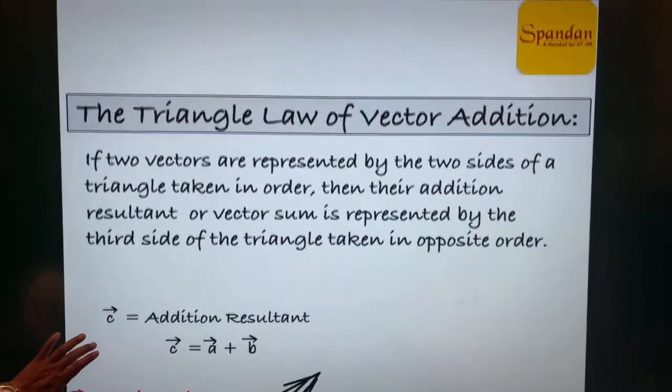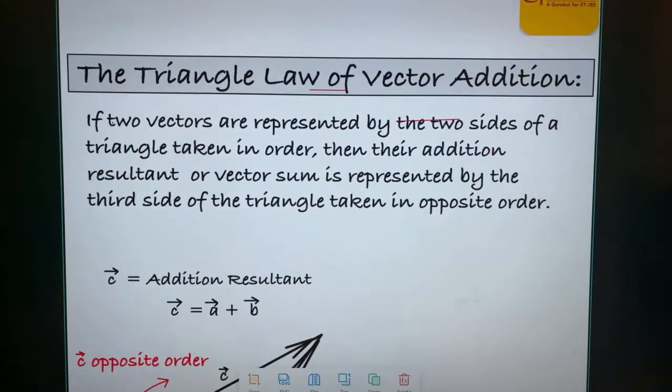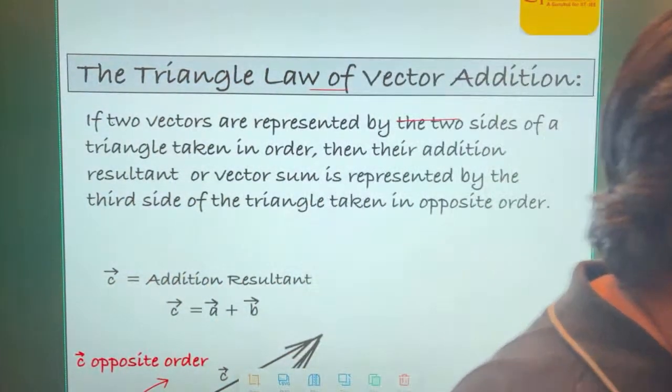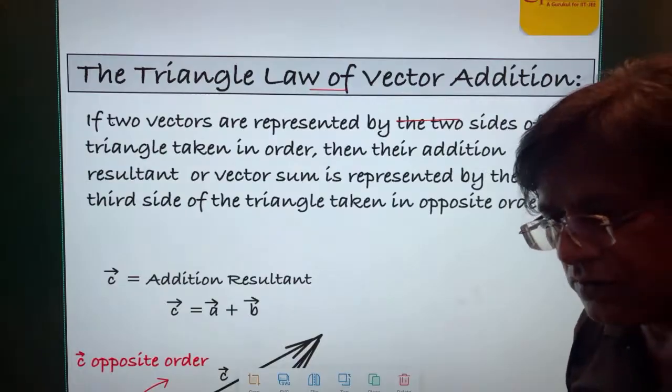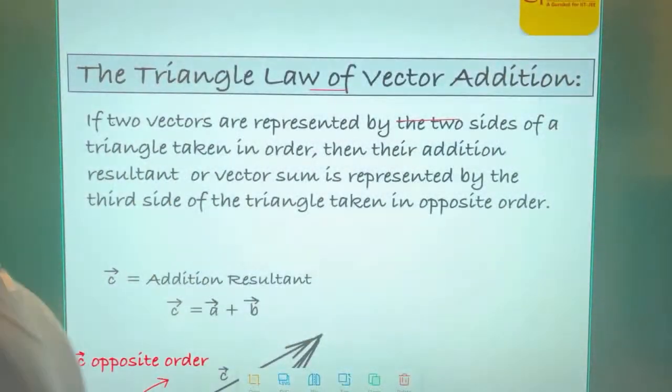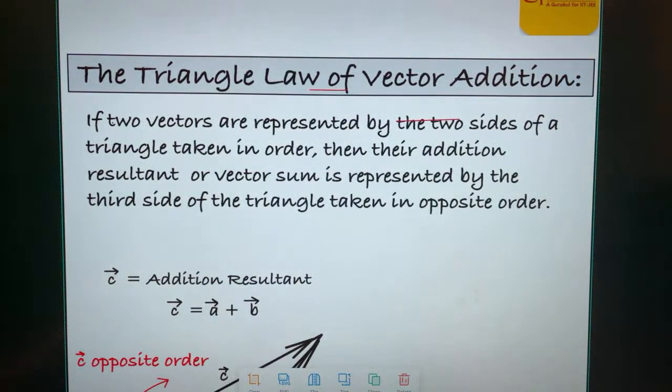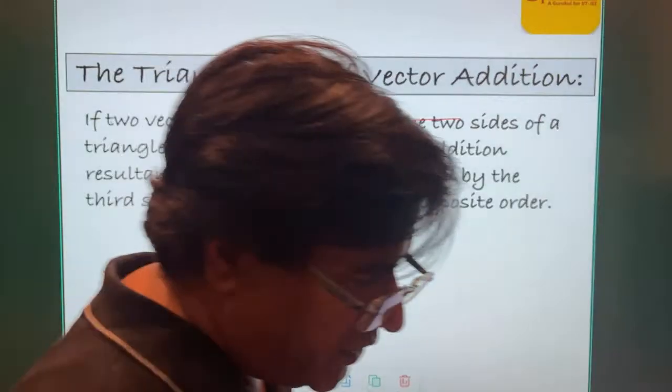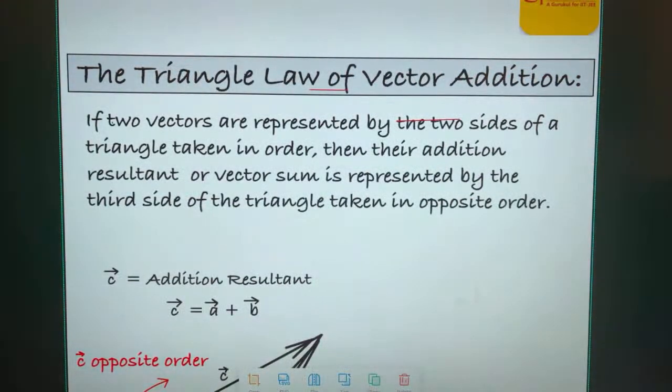In this law we can add two vector quantities, right? It is addition of two vectors, that is called triangle law. So for addition we use a triangle.